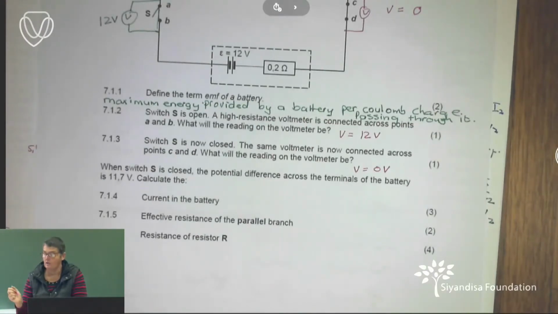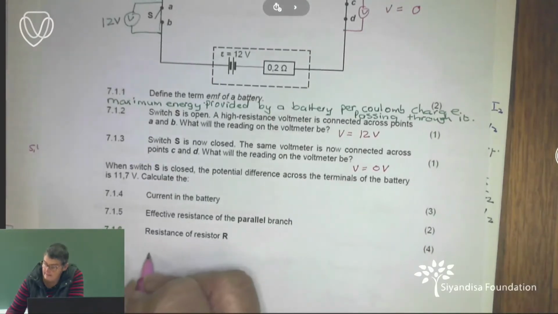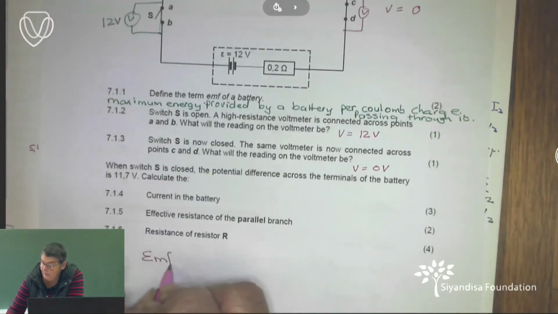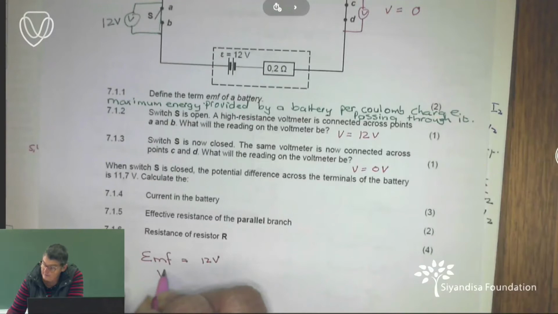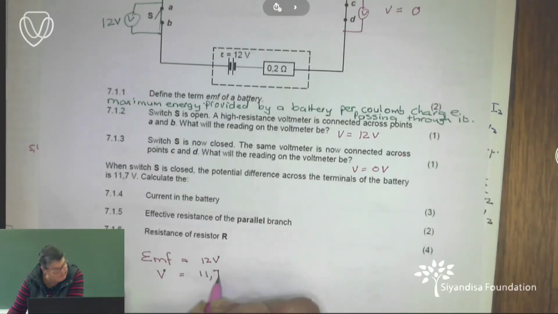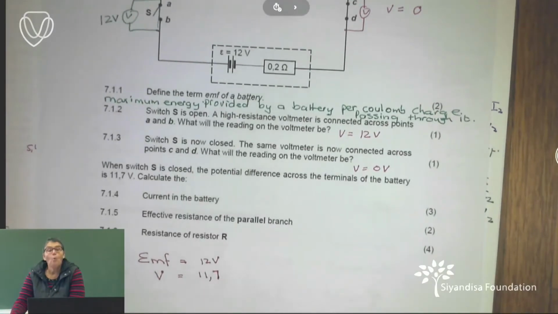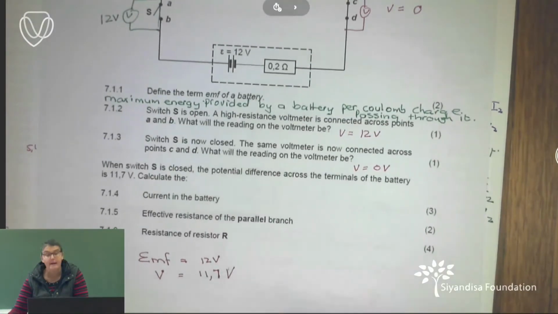Okay, right, so let's quickly understand this. The EMF is equal to 12 volts, but the potential difference is equal to 11.7.